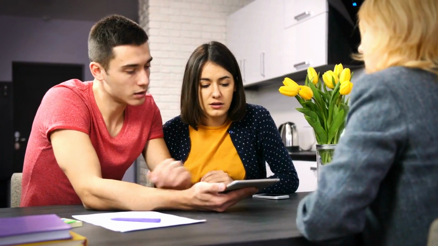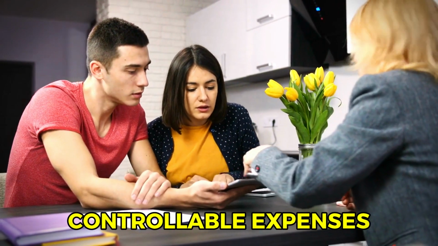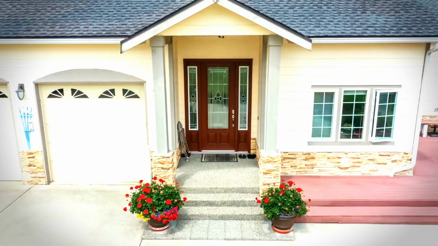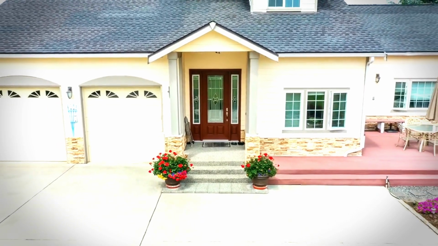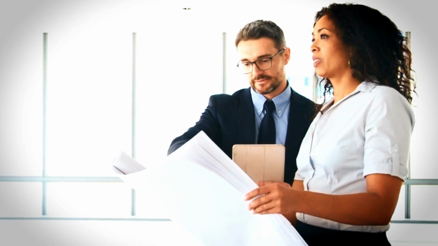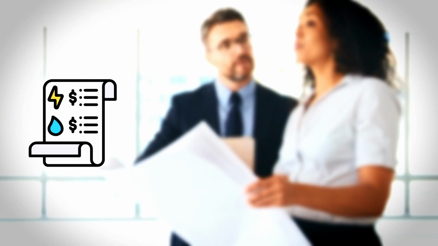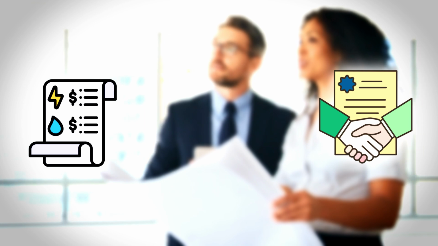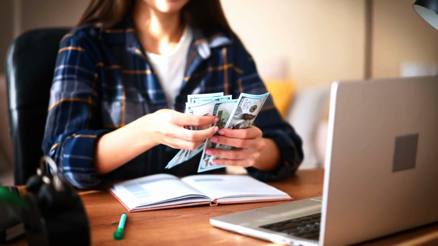So here's a pro tip. You want to focus on controlling expenses. This is where with commercial properties, you can add a ton of NOI and ultimately really increase the value of a property by reducing things like utilities. You can negotiate better service contracts, or you can add other income streams.